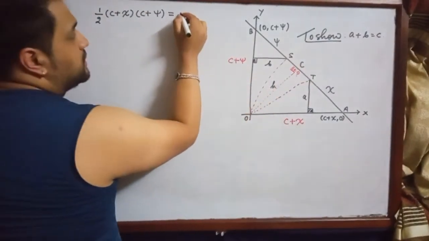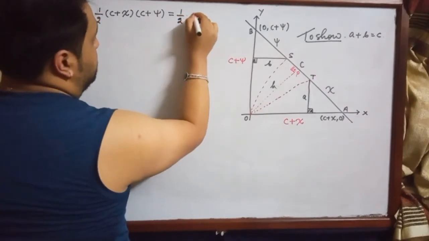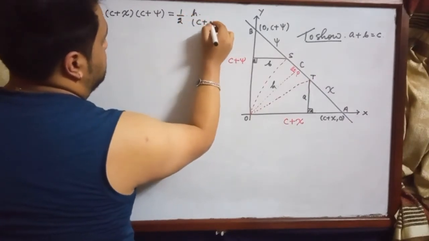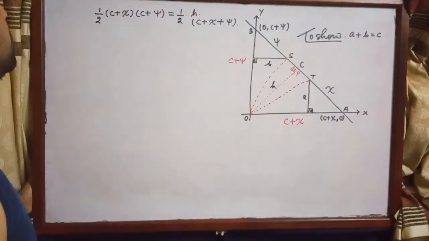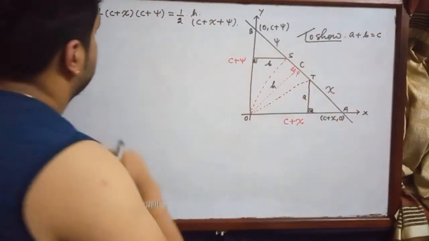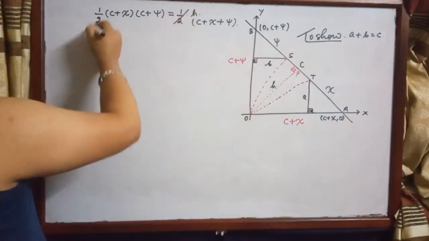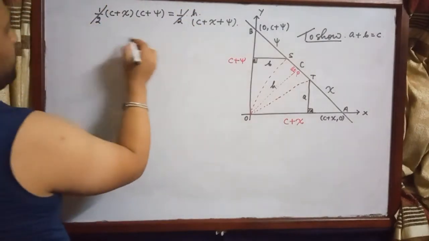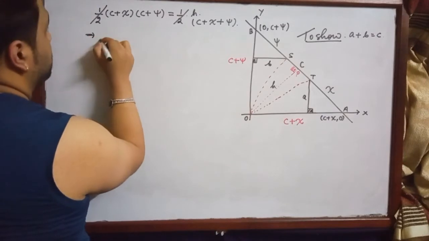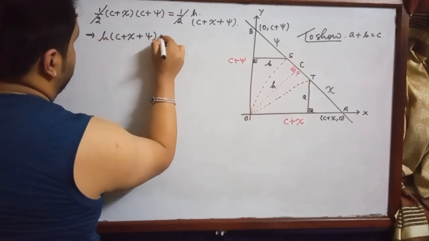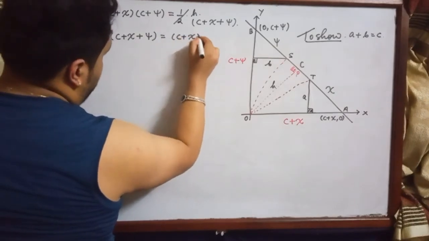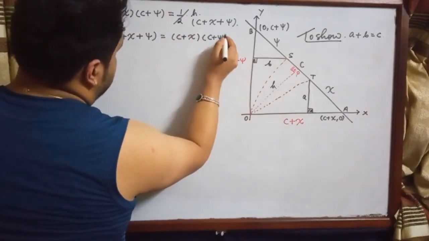So we can cancel the half with the half, and we get h times c plus chi plus psi will be equal to c plus chi times c plus psi. This is equation 1.